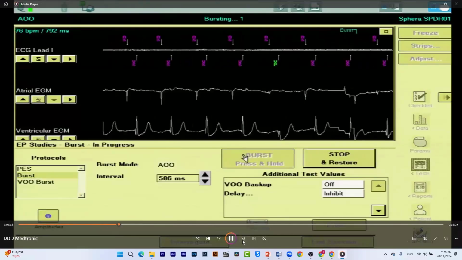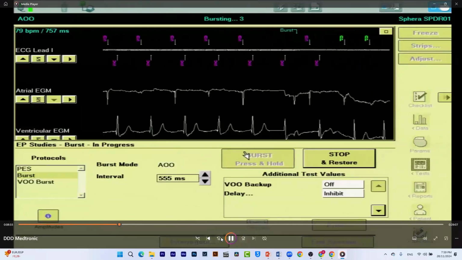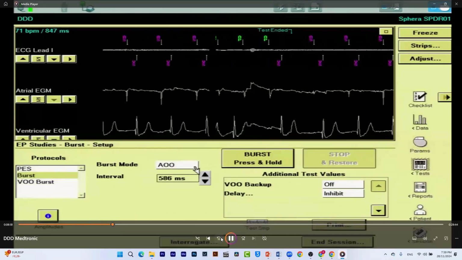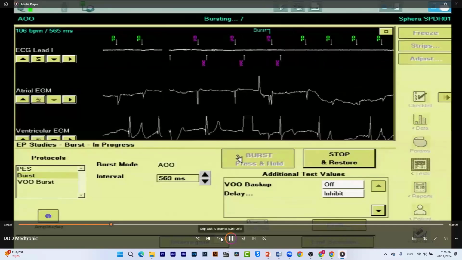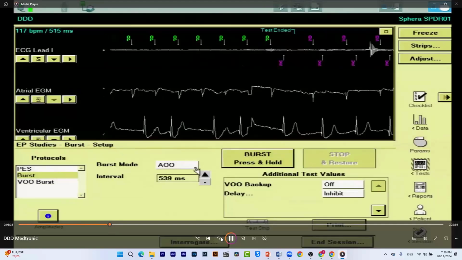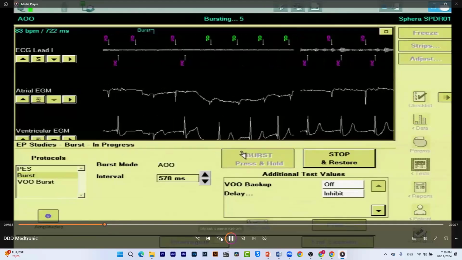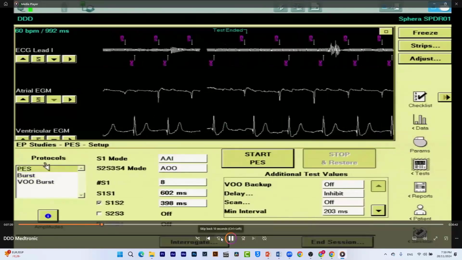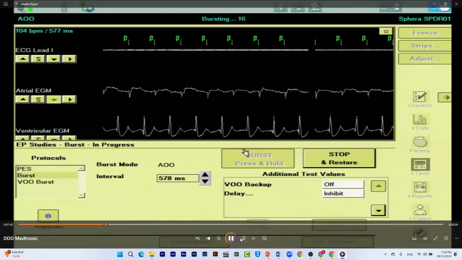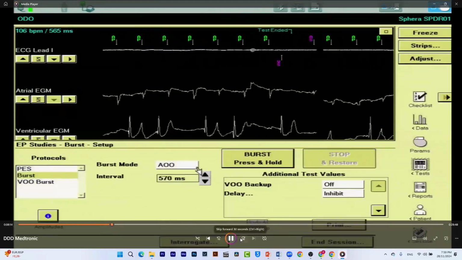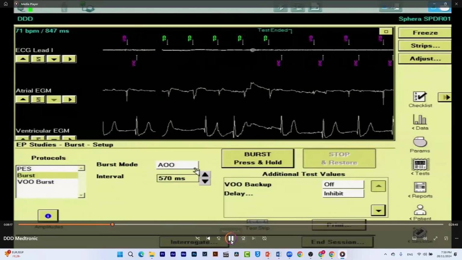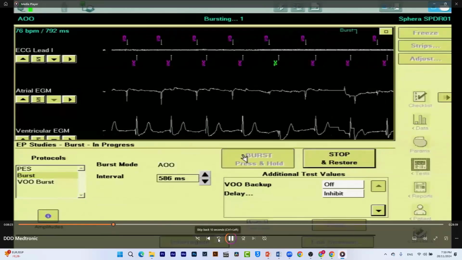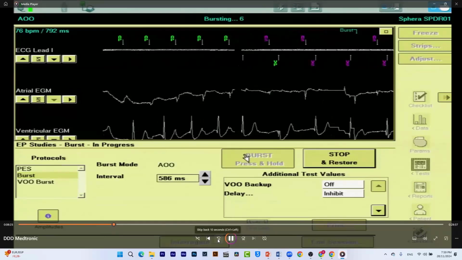Yeah, see. Wenckebach cycle length around 580 here.